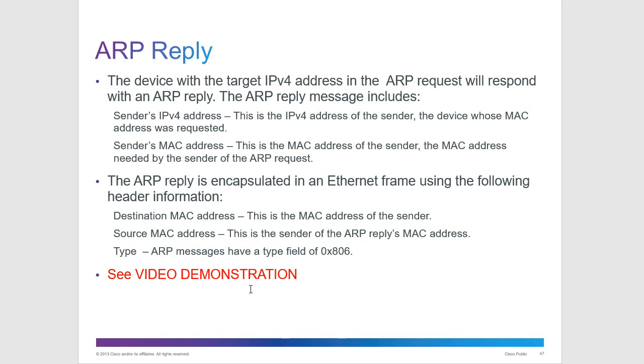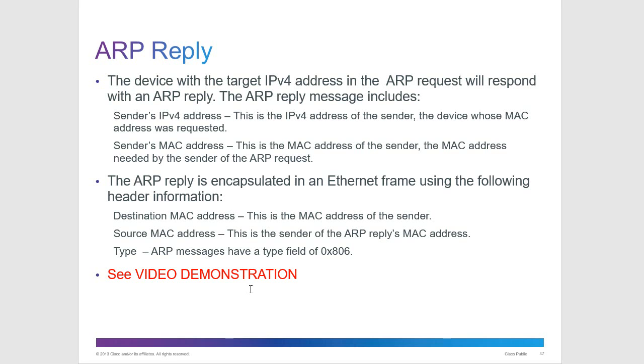All right, your ARP reply. The device with the target IPv4 address in the ARP request will respond with an ARP reply. The ARP reply message includes the sender's IPv4 address and the sender's MAC address, which is what the ARP request was asking for. So this is the MAC address needed by the sender of the ARP request.